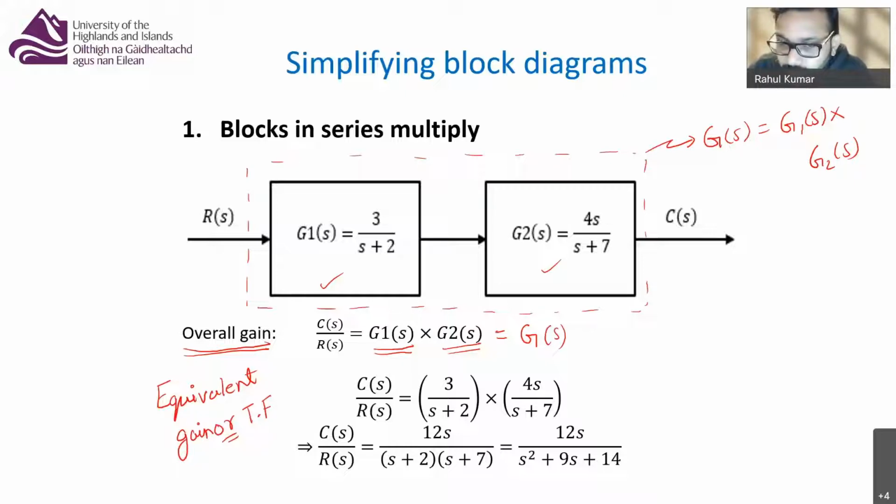To find the equivalent transfer function, I have multiplied the two gains which were given. It is a simple multiplication. 3 multiplied by 4s gives 12s. And in the bottom, you have s plus 2 multiplied by s plus 7. If you multiply the denominator together, you end up getting s square plus 9s plus 14. Simple, straightforward multiplication.